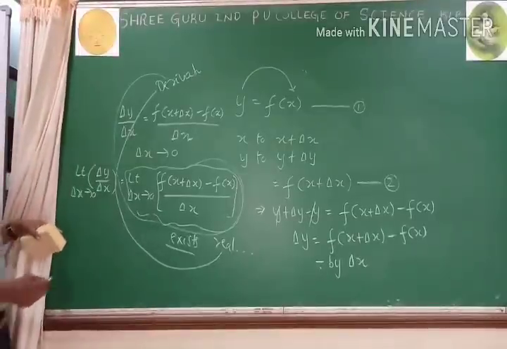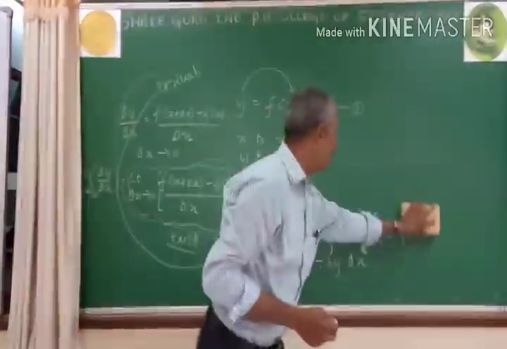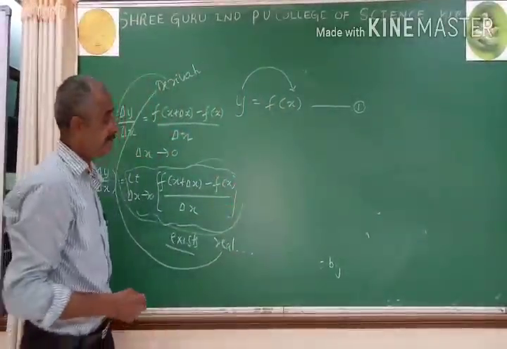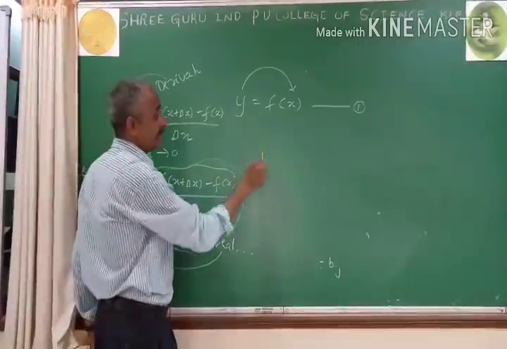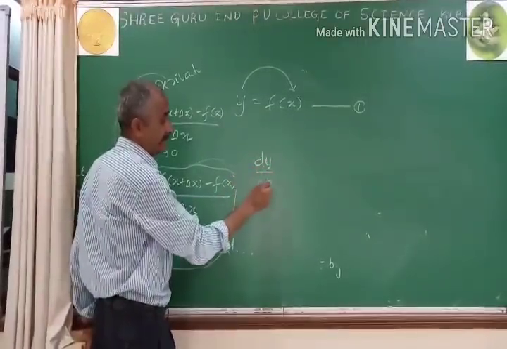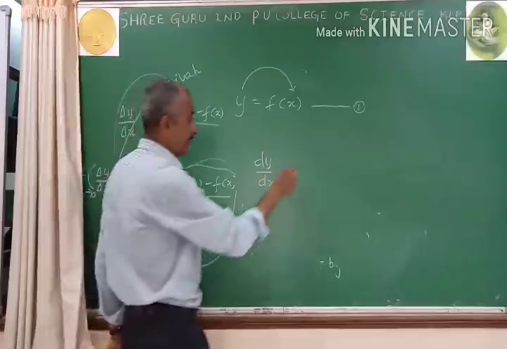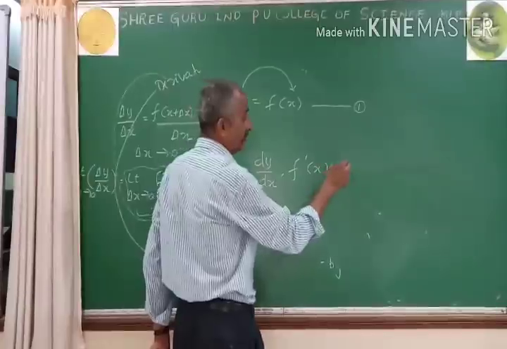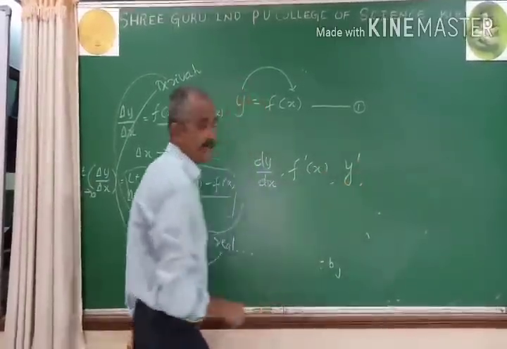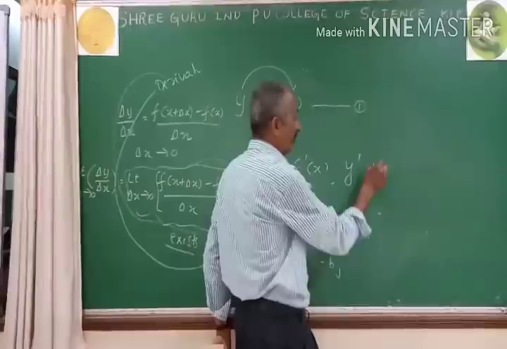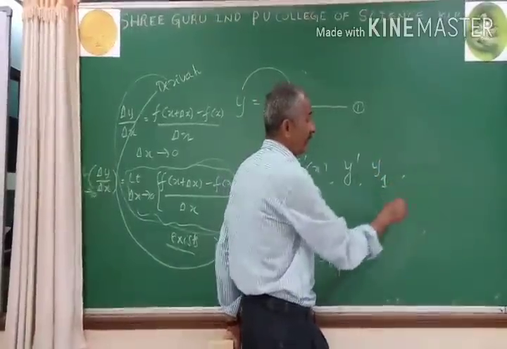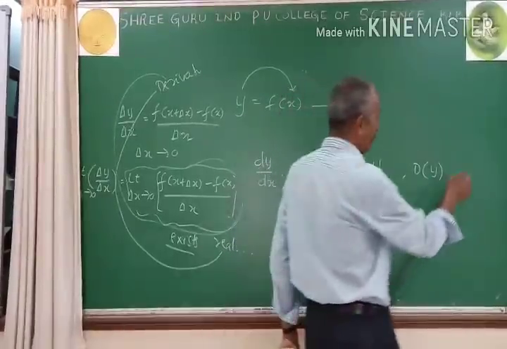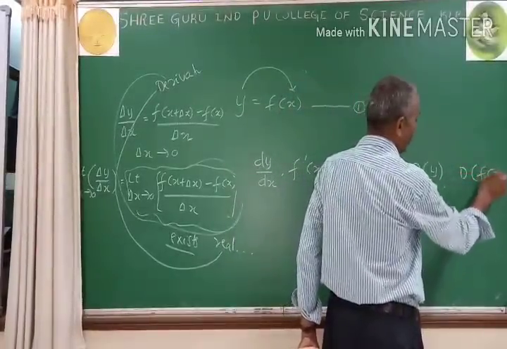Further, the derivative of a function is usually denoted by various notations. The basic notation for the derivative is dy by dx. It is also denoted by f dash of x, or y dash, or y1, or capital D of y, or capital D of f of x.